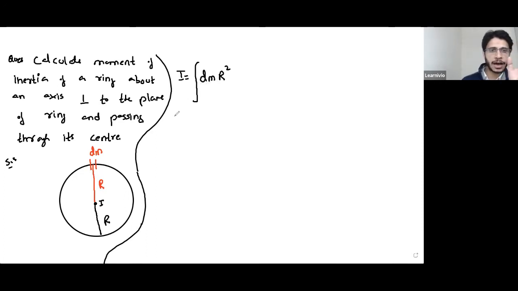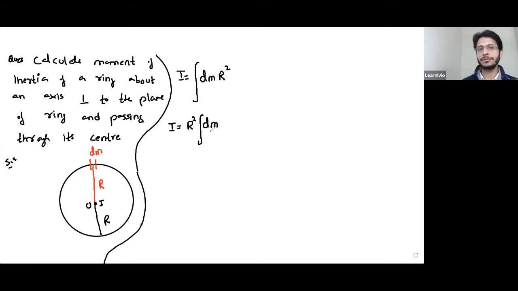Now R is a constant. The radius of the ring is a constant term. You can take this R outside, so that's R square times the integral of dm. The continuous distribution says your moment of inertia is the integral of dm r square. Here R is the radius of the ring. It will not change, so I can take R square outside the integral.